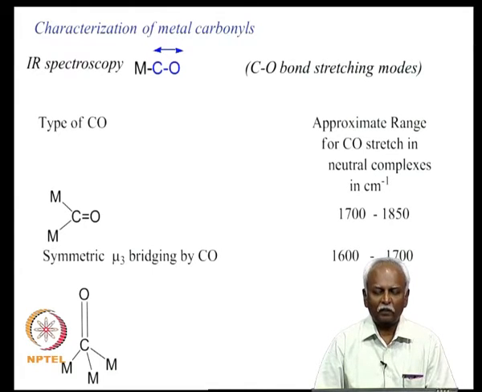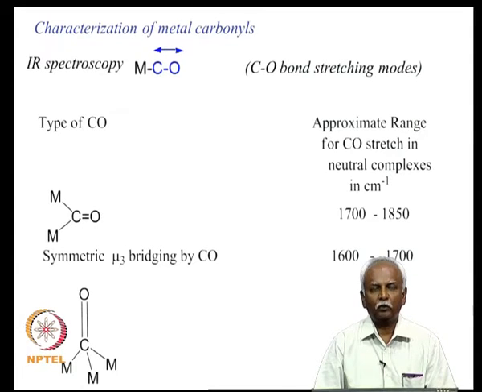If it is a terminal carbon monoxide, then the stretching frequency decreases significantly, and if it is a bridging carbon monoxide, then it is more like a ketonic carbon monoxide, and the stretching frequency can be as low as 1600 centimeter minus 1 when it is triply bridging, as in the iridium polynuclear systems that we encountered.